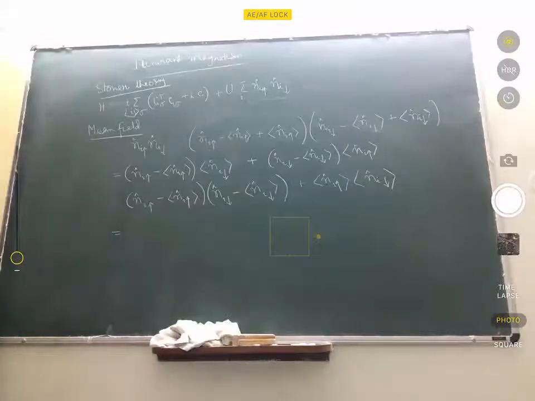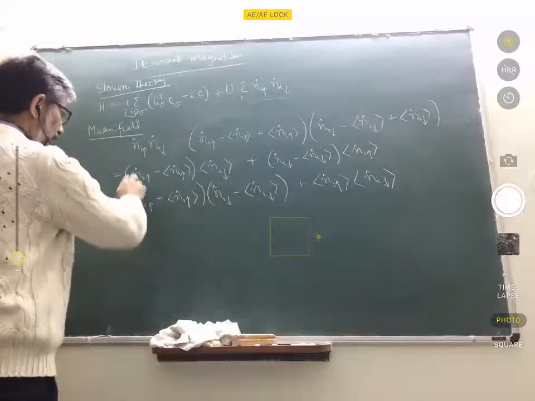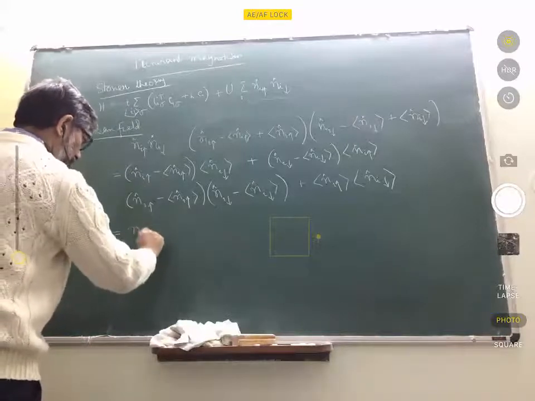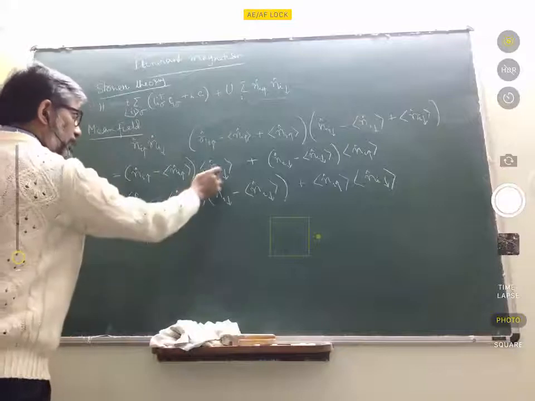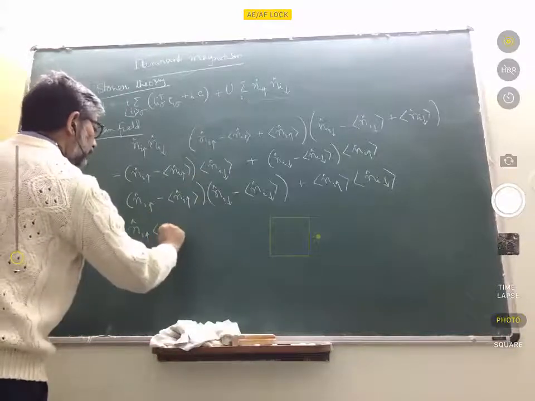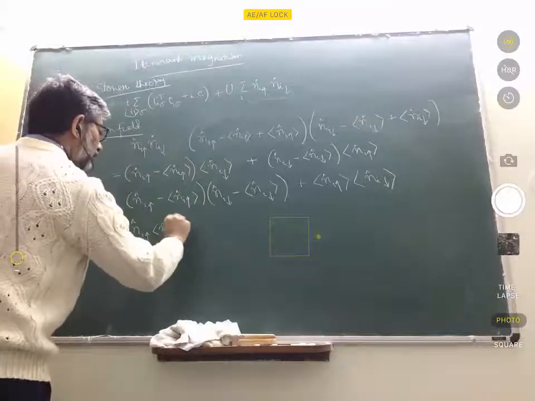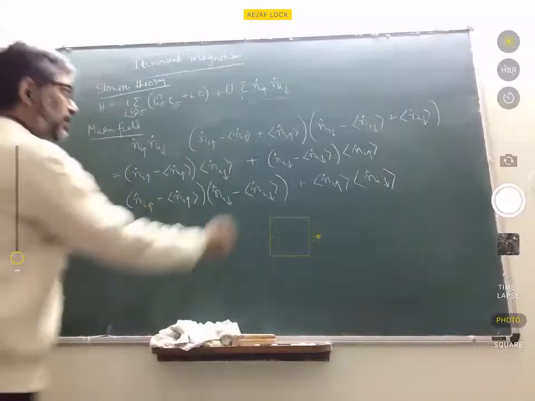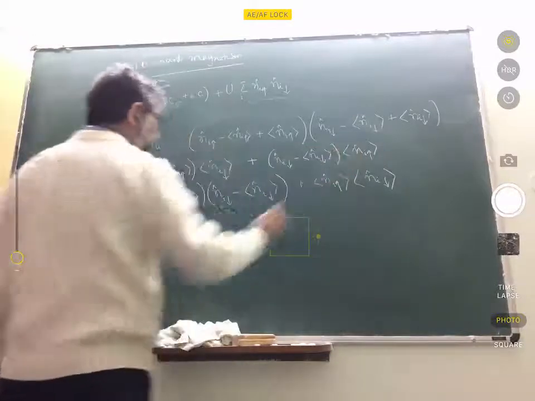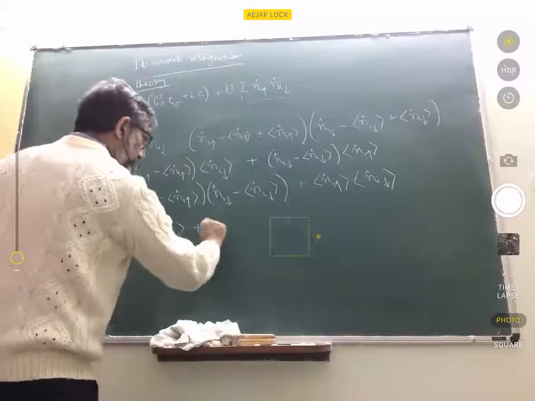Okay, so what do we get here? I'll get the up operator times this, and similarly I'll get the down operator times this expectation value.